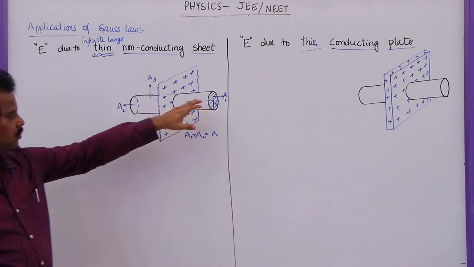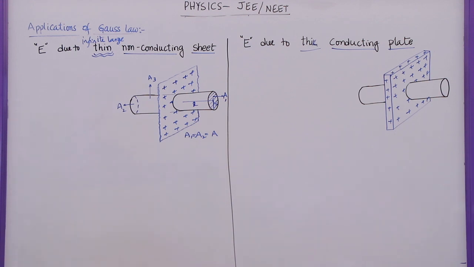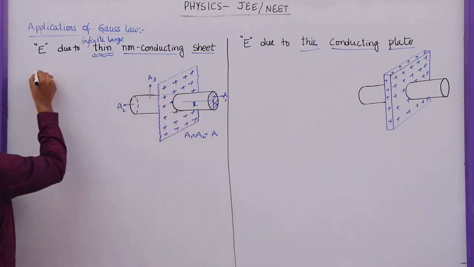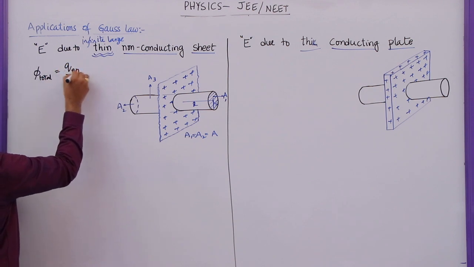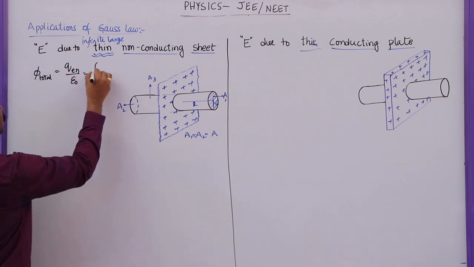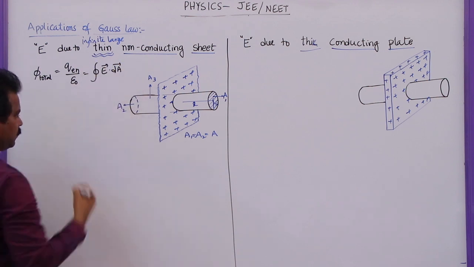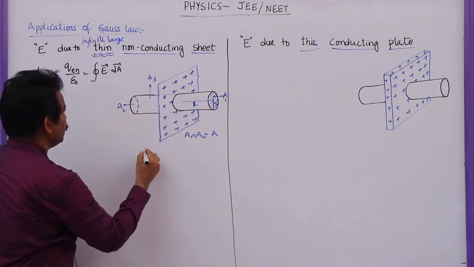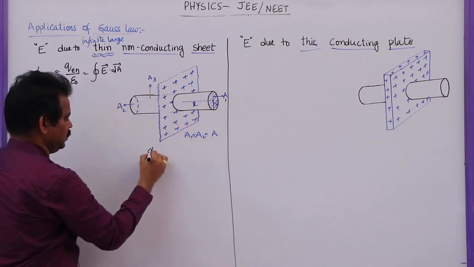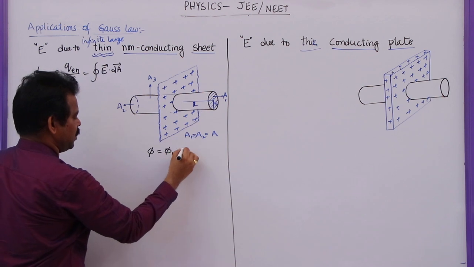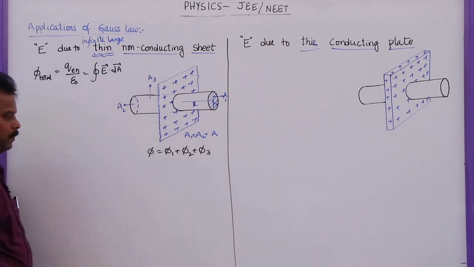Now, to find out the electric field here, I am going to use the same concept. The total flux passing through this closed Gaussian surface is equal to the charge enclosed by epsilon naught, which is equal to the closed integral of E bar dot dA bar. Here we have three surfaces. That means flux is a scalar, which is the sum of phi1 plus phi2 plus phi3.